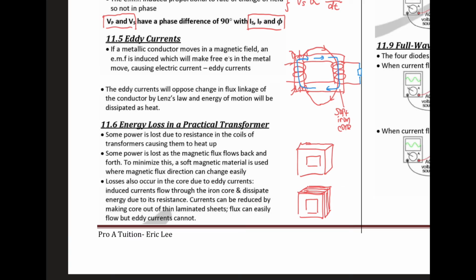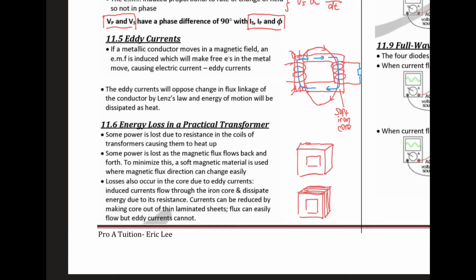By doing so, your soft iron core is made of many layers, with thin iron sheets, and each thin iron sheet is covered with plastic. If this is done, then eddy current can be minimized.